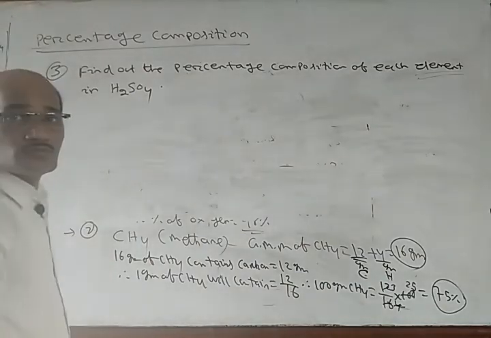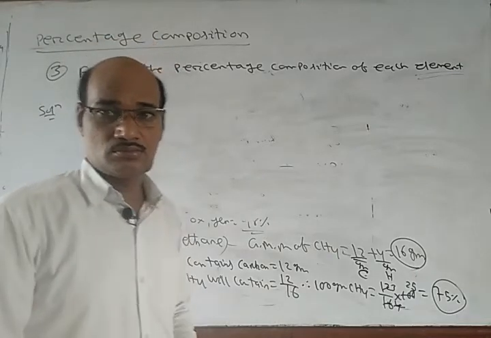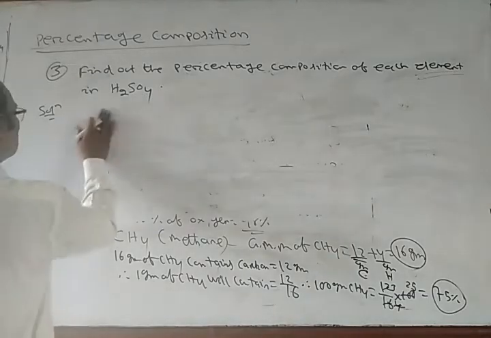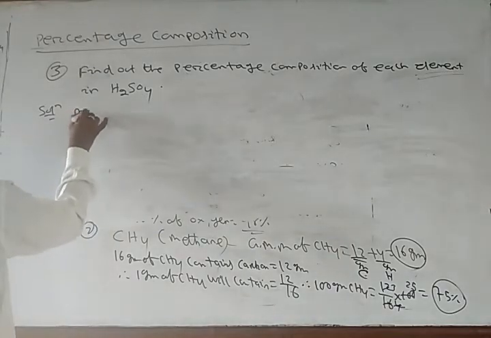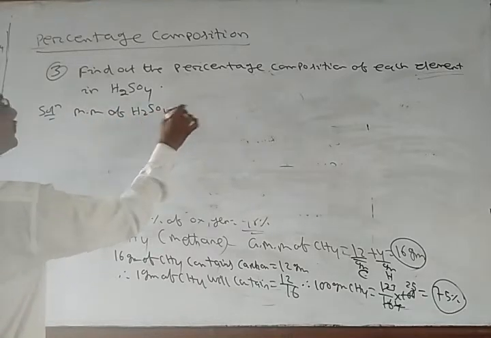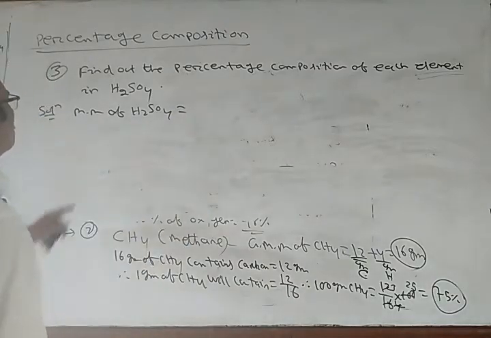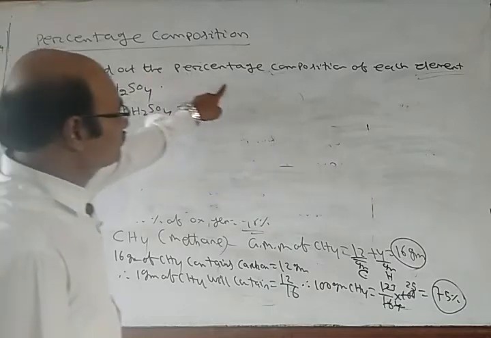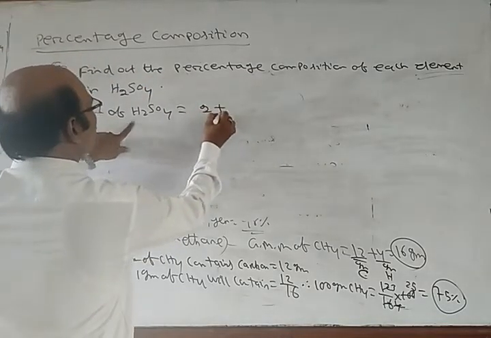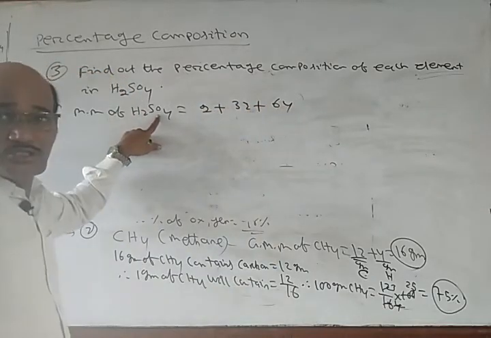What can you do? See, the molecular mass of H2SO4 equals what? 2 plus 32 plus 64, oxygen 4 times 16 is 64.